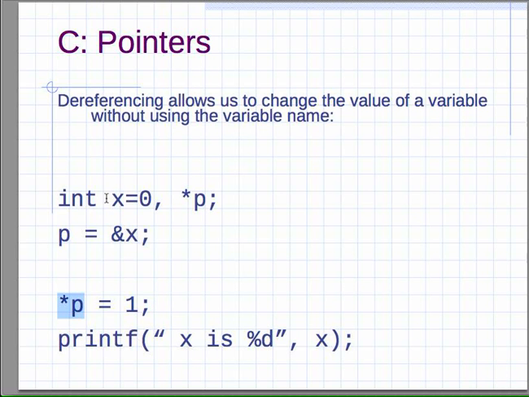So even though between here and here we don't change the value of x, we set x equal to 0, by the time we print out what x is, it will have changed because we set whatever P is pointing to 1. So try this out and make sure you understand why x has the value 1 at this point, even though all we did was assign 0 to it.